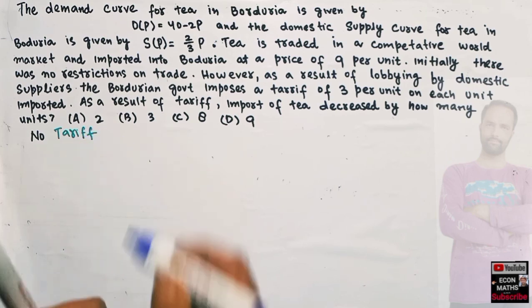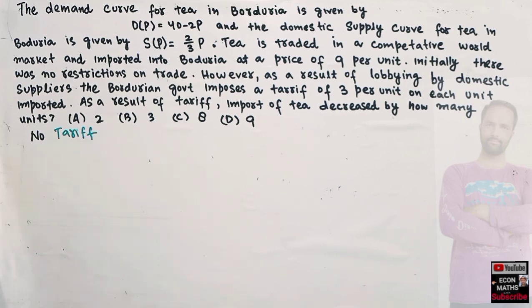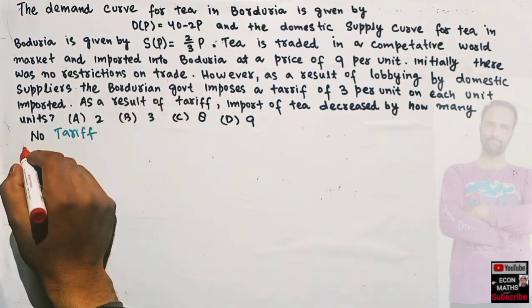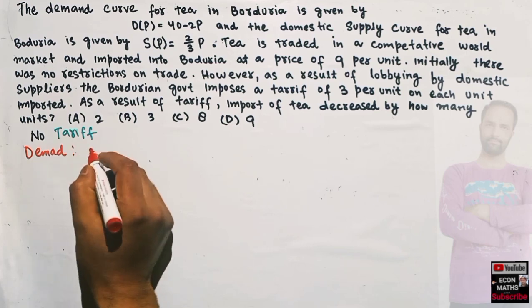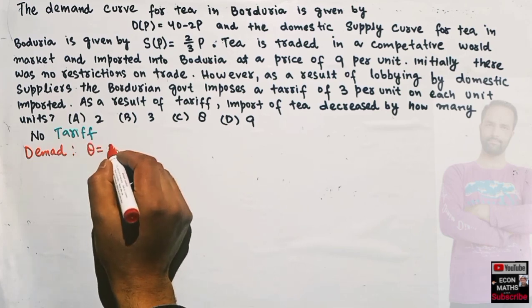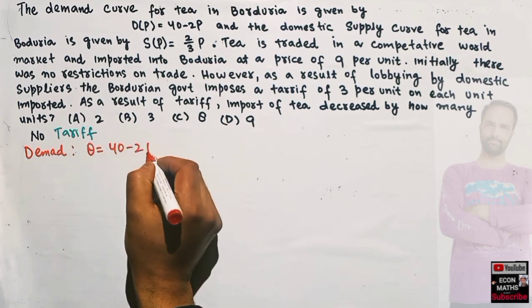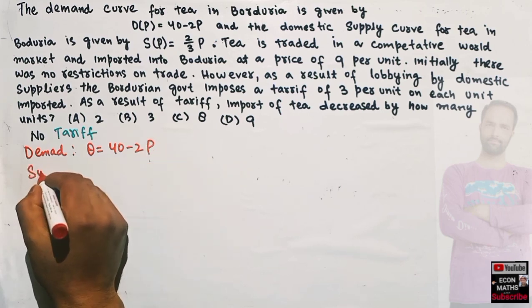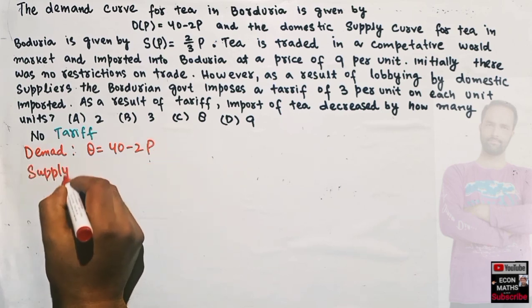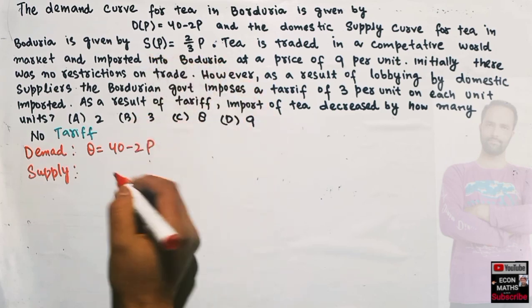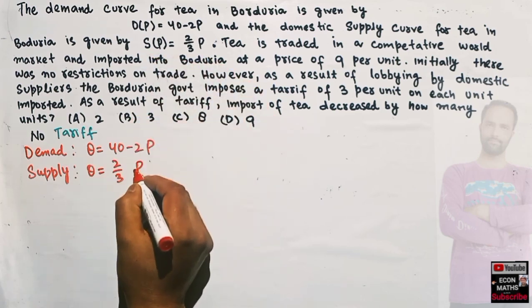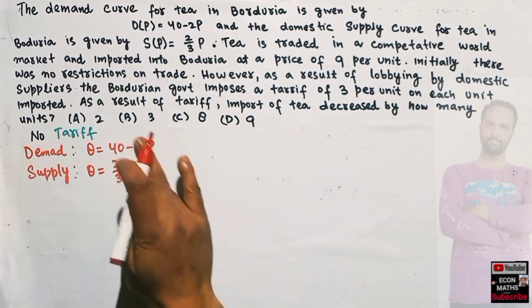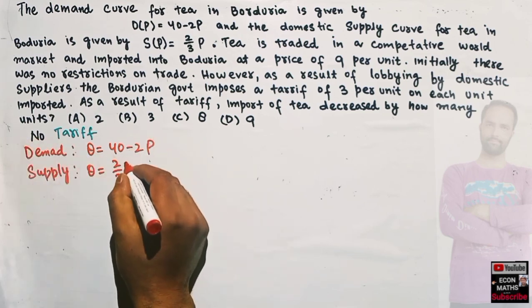Okay, now in this case we can see our domestic demand is being given to us as Q is equal to 40 minus 2p, and supply of tea is being given as Q is equal to 2 upon 3p when there is no tariff.